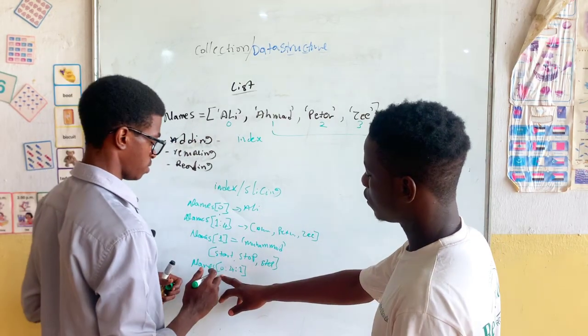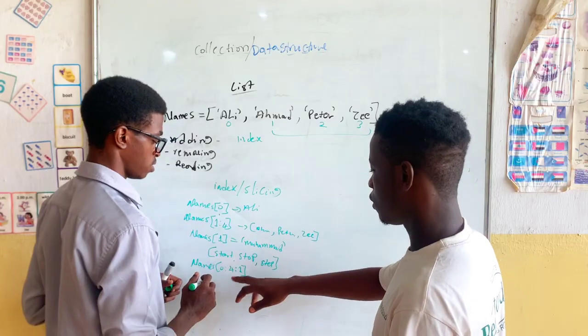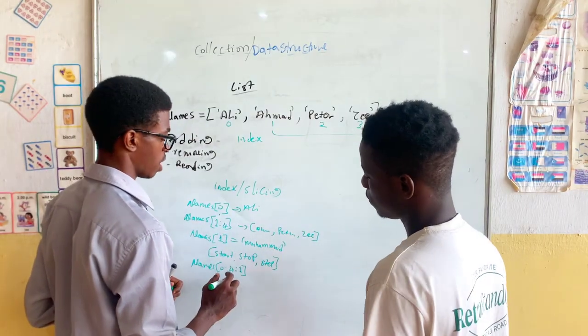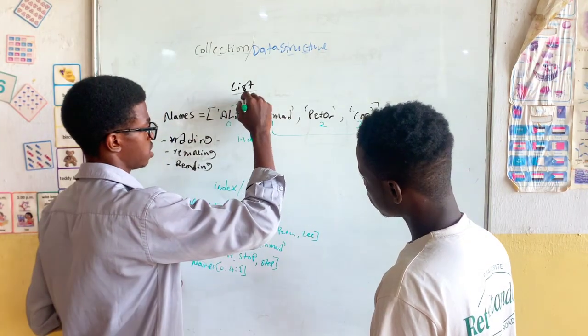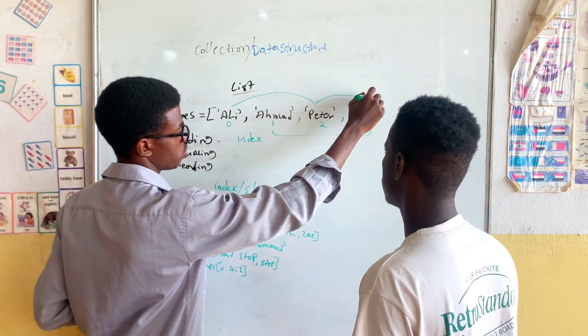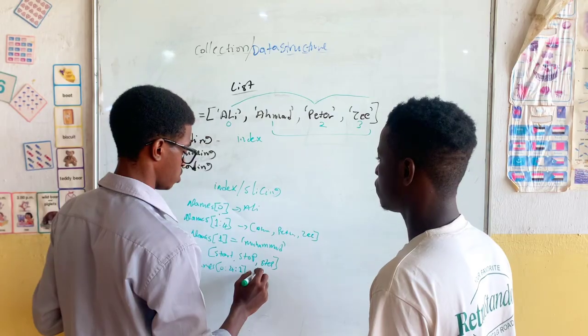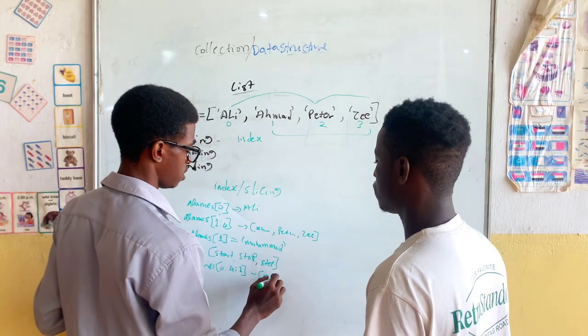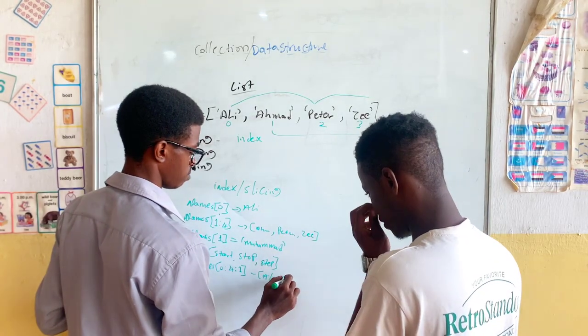So it's the starting point, ending, and then this is the jumping. Yes, the jumping amount. Then it will take Ali, then jump Ahmad, take Peter, then jump Z, and then since we don't have anyone, we're only going to see 2 of them, Ali and Peter.